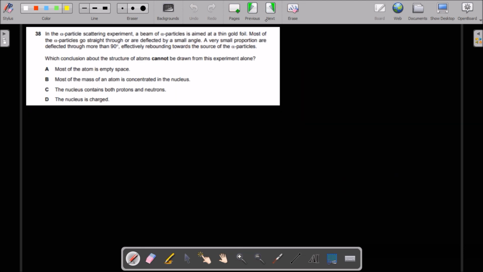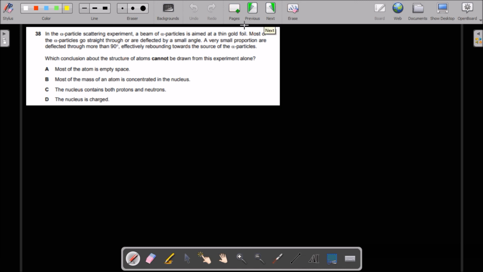In question 38, it is about the alpha particle scattering experiment. The question asks which conclusion about the structure of atoms cannot be drawn from this experiment alone.